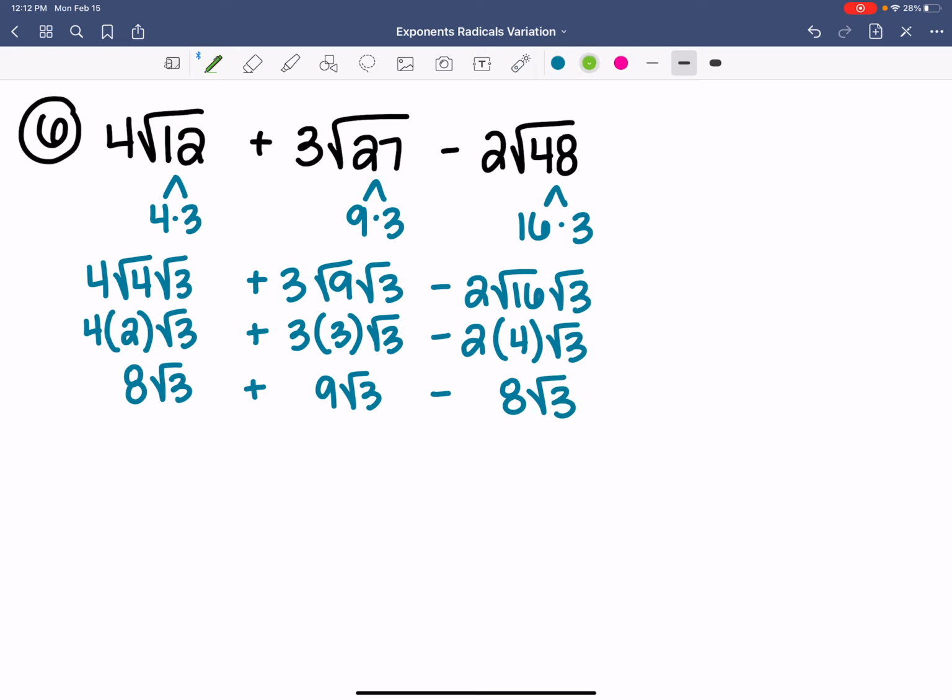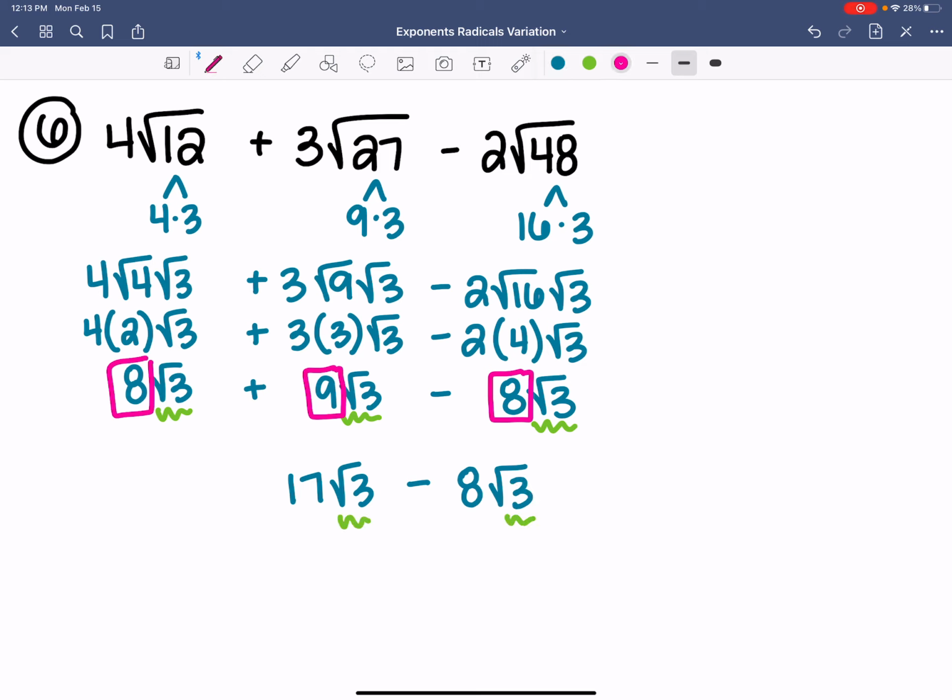Now we have matching radicals, and since all of those match, we can combine the coefficients. Okay, so we have 8 plus 9, and 8 plus 9 is 17. So that would be 17 square root 3 minus 8 square root 3. All right, so again, our radicals match.